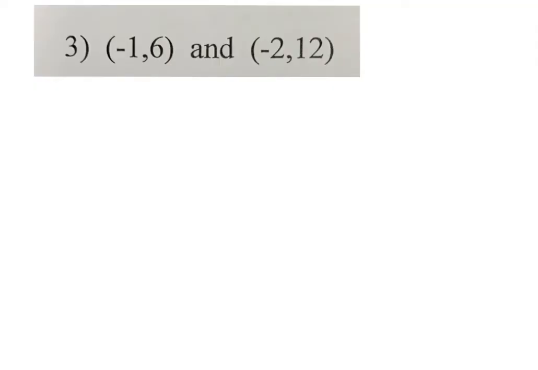All right, so for this one, we are going to use our y equals ab to the x, right? And so we're going to plug it in. We'll say 6 equals ab to the negative 1, and then we'll say 12 equals ab to the negative 2. Okay?